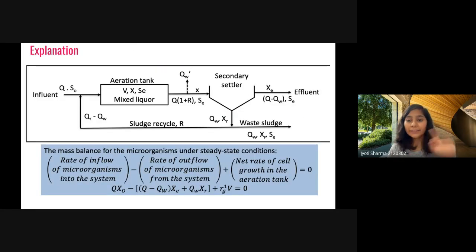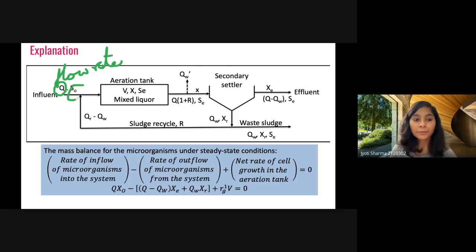Okay, a little bit technical, but try to understand. And even if you are not able to understand, then let me know, please. Q is your flow rate. S is your substrate, or you can say the organic matter.